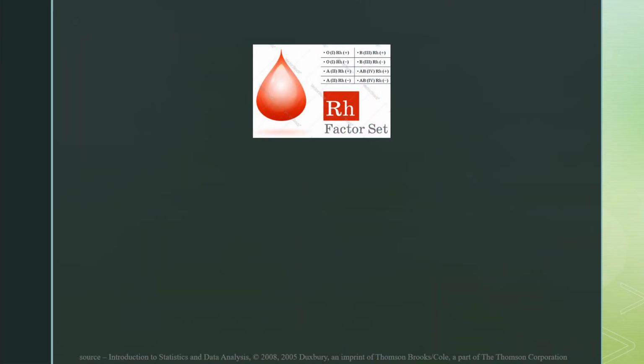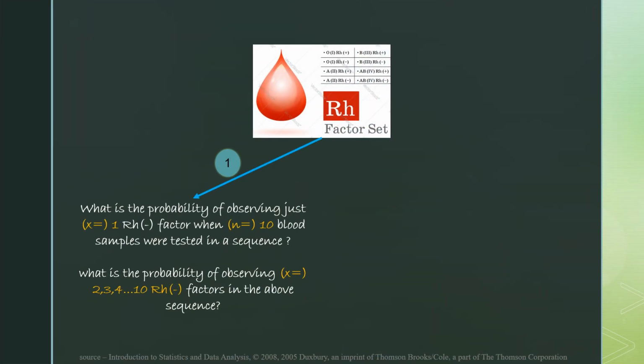For example, in case 1, what is the probability of observing just one RH negative factor when 10 blood samples were tested in a sequence? X equals 1 and n equals 10 in this case. Or what is the probability of observing X equals 2, 3, 4 or 10 RH negative factors in the above sequence?